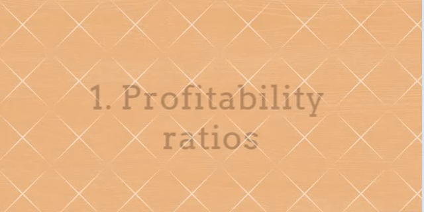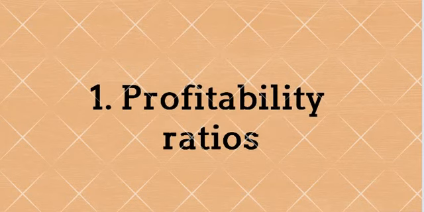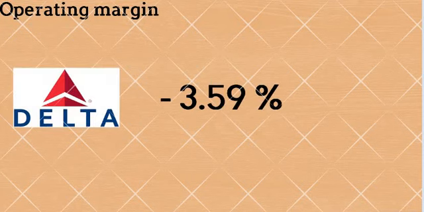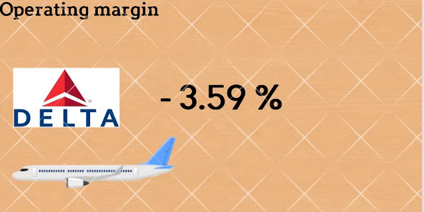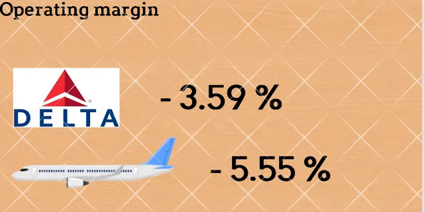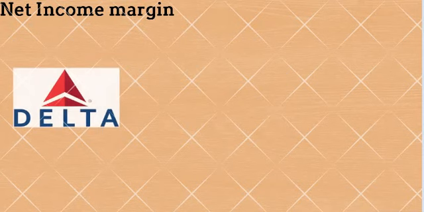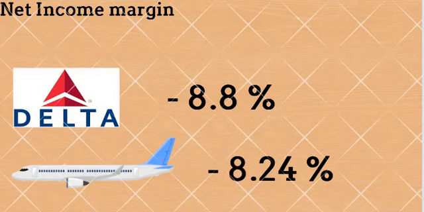Firstly, profitability ratios. Its operating margin is -3.59%, which seems to be less, but it is 1.96% more than the industry. And its net income margin is -8.8%, which is 0.56% less than the industry's companies.